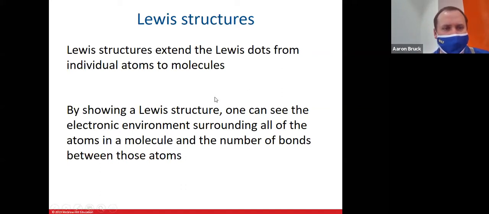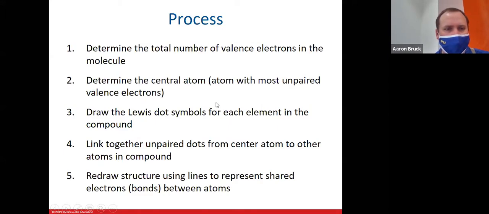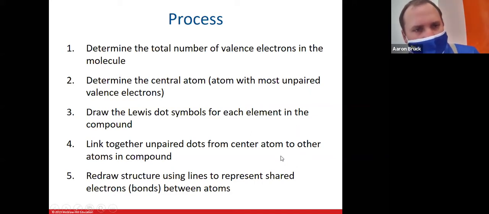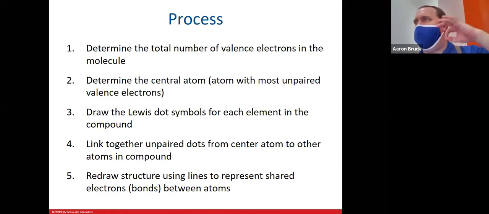So how do we do it? The process here is relatively simple. First of all, we want to start with the total number of valence electrons. So I look at the chemical formula, I add together all of the valence electrons based upon where it is.